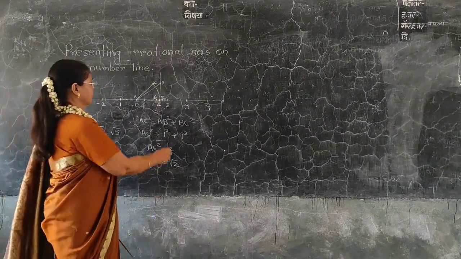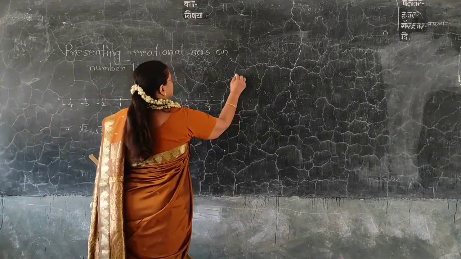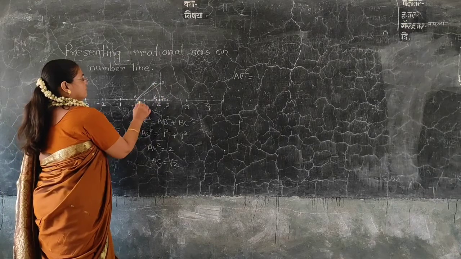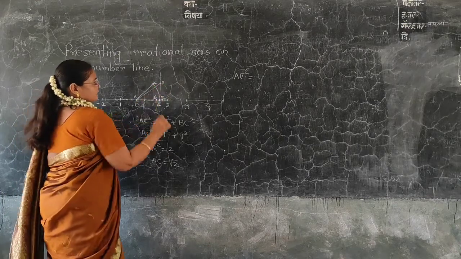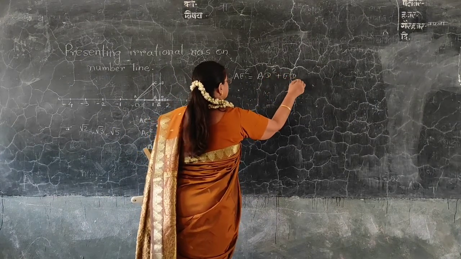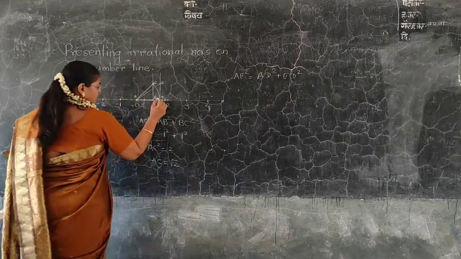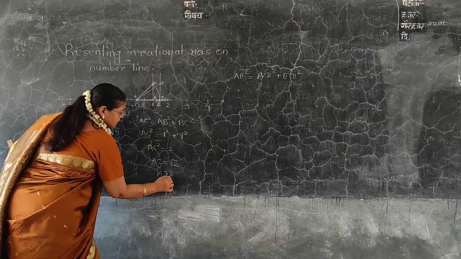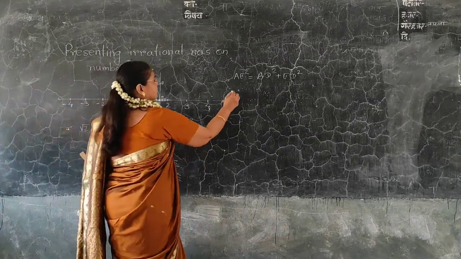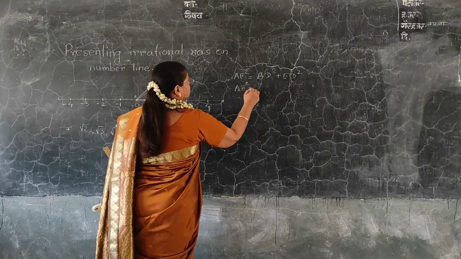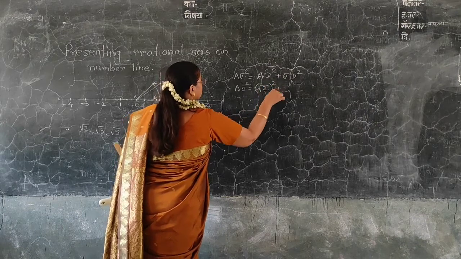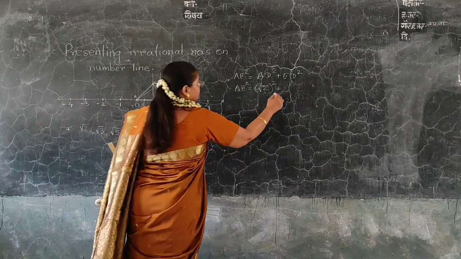So again by Pythagoras theorem, in this triangle AE square equals AD square plus ED square. But just now I have drawn AD equal to root 2. This I have taken root 2. So AE square equals, placing root 2 for AD distance plus ED, I have taken 1 unit.